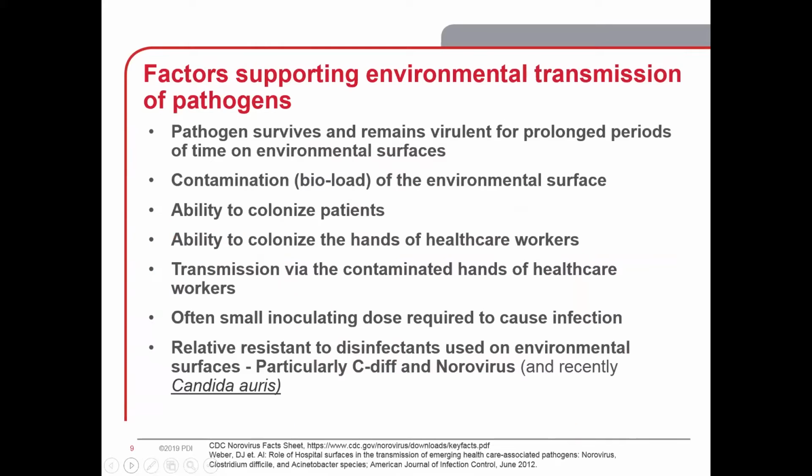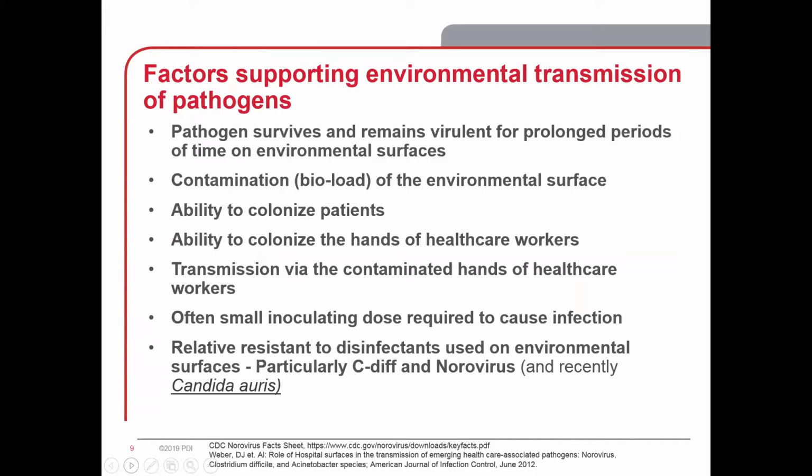Okay? So when I talk about environmental transmission, there are certain factors that really come into play. And these are the factors we try to look at and we try to mitigate to prevent that cross-contamination. We know that many pathogens can survive and remain pathogenic or virulent for prolonged periods of time on environmental surfaces.